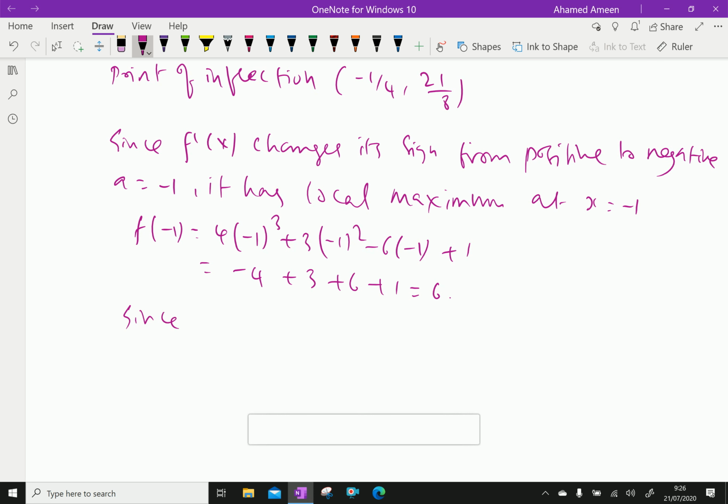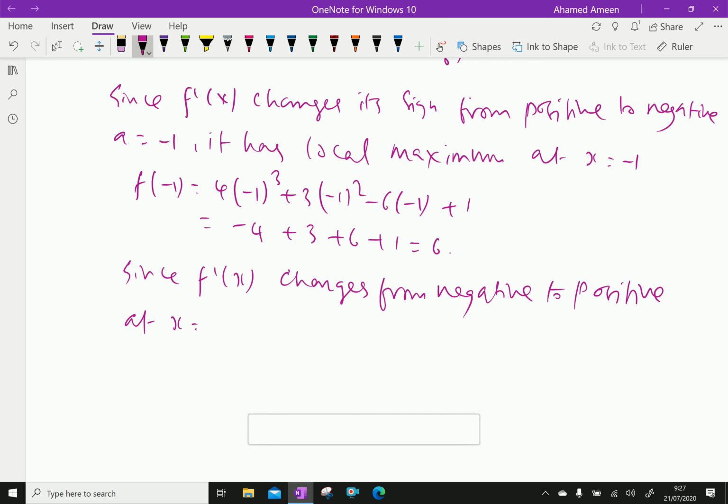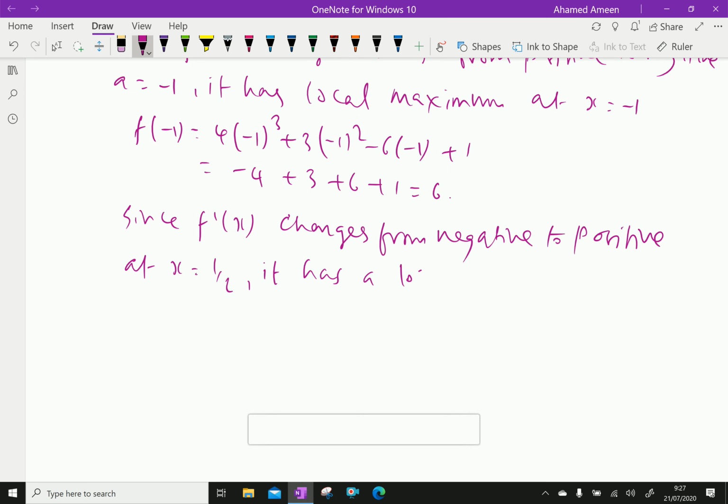Since f dash of x changes sign from negative to positive at another value, x equal to half, it has a local minimum at x equal to half.